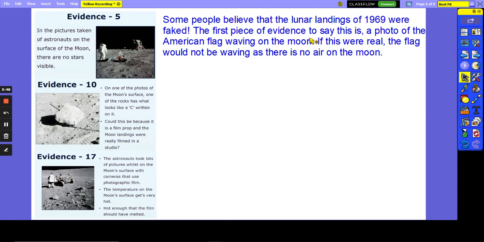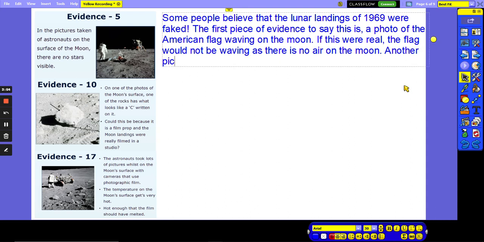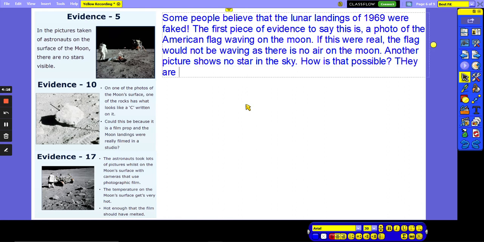Here's 3 more pieces of evidence. So I might say another picture shows no stars in the sky. And then I might just ask my reader, how is that possible? They are in space.